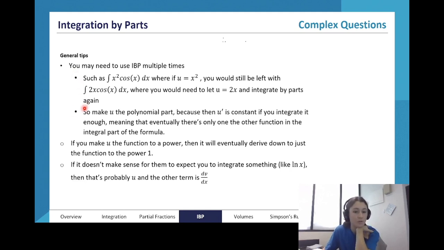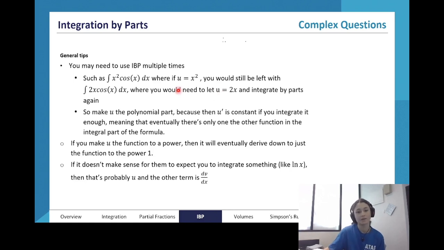You would still be left with trying to figure out the integral of 2x cos x. From here, you would need to let u equal 2x and integrate by parts again, because after this point your derivative would be a constant number, which means you're not going to have the product of two functions in the integral.